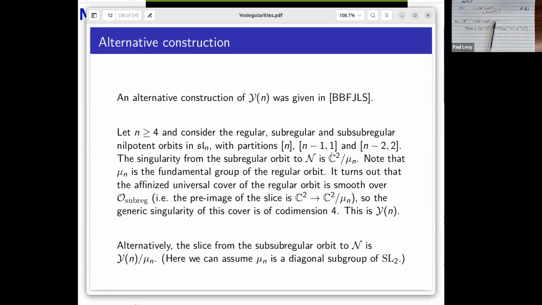It turns out that this n-to-1 map becomes the canonical n-to-1 cover from C^2 to C^2 over mu_n.